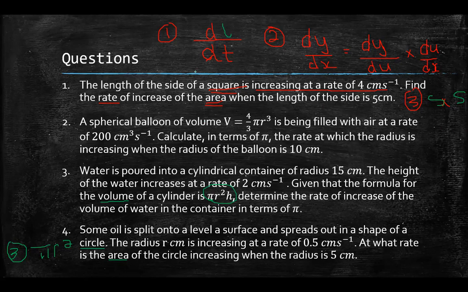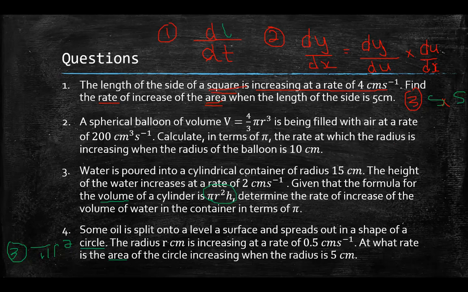Okay, so keep those things in mind, right? Whatever it is on dt, that would represent the rate of whatever. Chain rule, we need to apply this somewhere. And the third one, they would either ask you for the area or for the volume. What you need to do is find out what they're asking you for. For this one, they said area of what shape? A square.